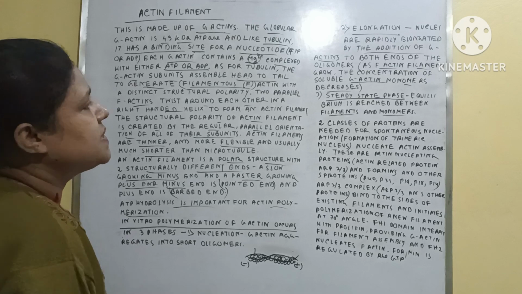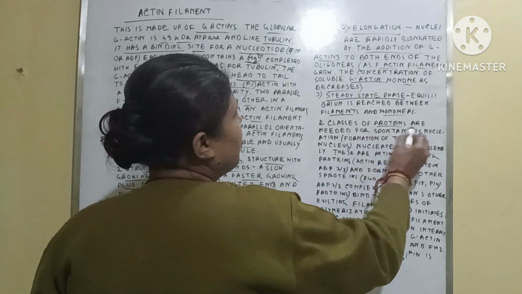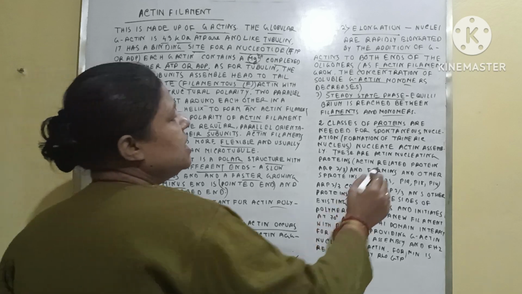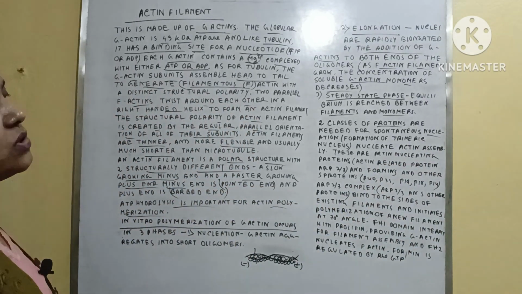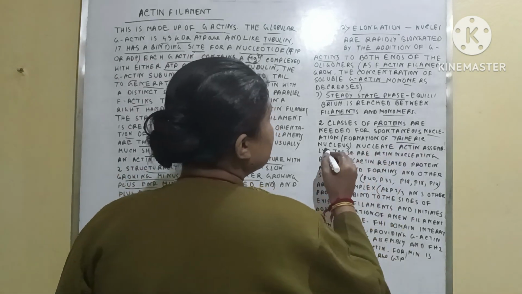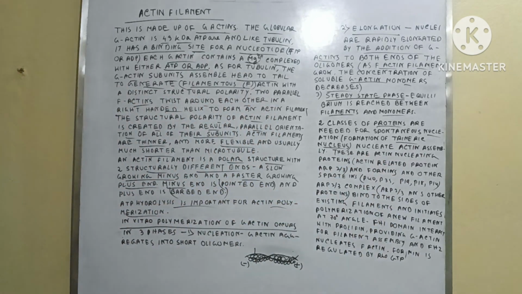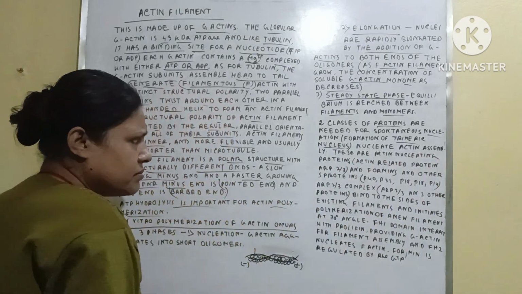Next, there are two classes of proteins very important for nucleation, and it is called spontaneous nucleation. Why spontaneous nucleation? Because here a trimeric nucleus is formed, and nucleates actin assembly.